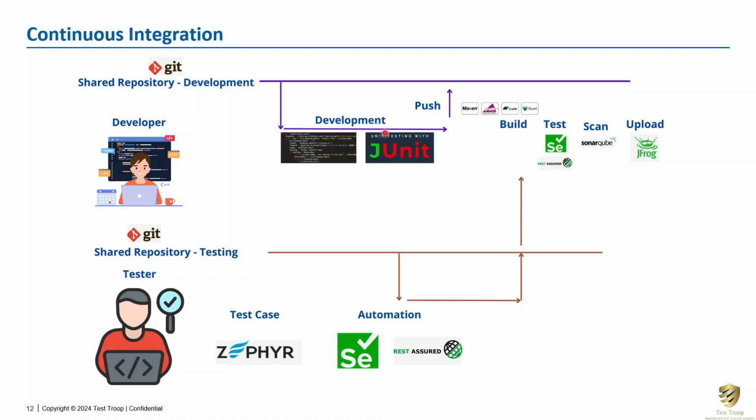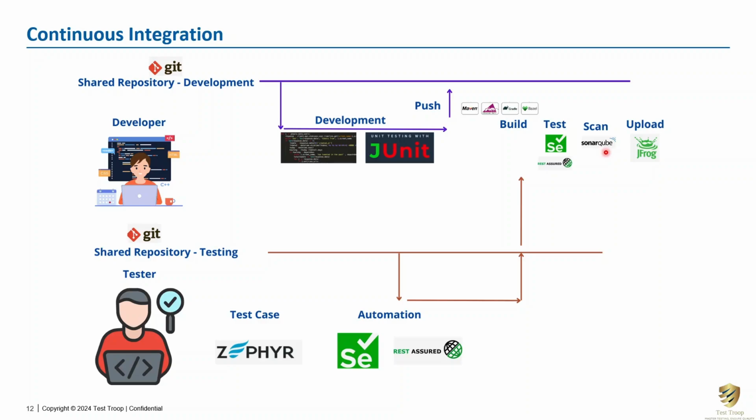Once the code is integrated, it is compiled and built using tools like Maven, Ant, Gradle and Bazel. Then the unit tests are run. After that, the integration and end-to-end tests created by the testing team are also run. And after that, the code is scanned for any kind of vulnerabilities.